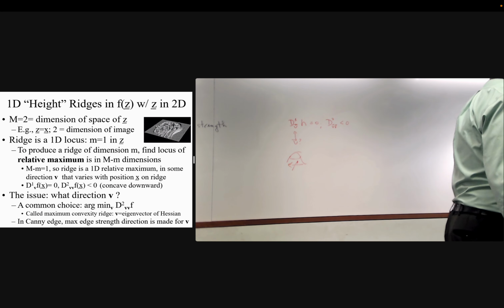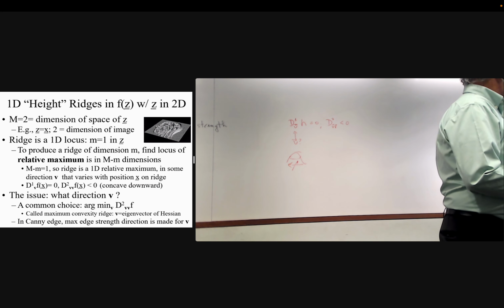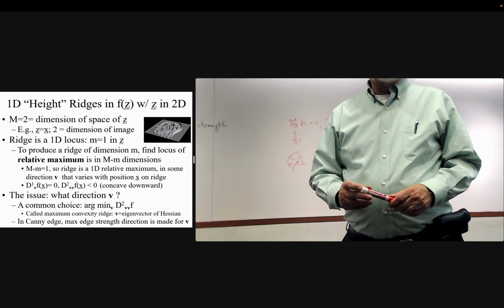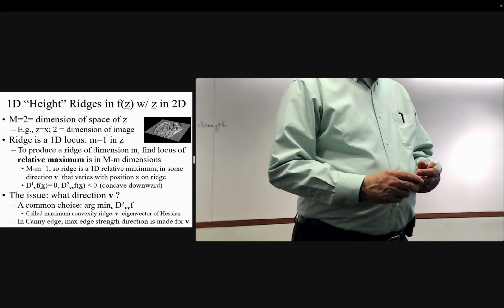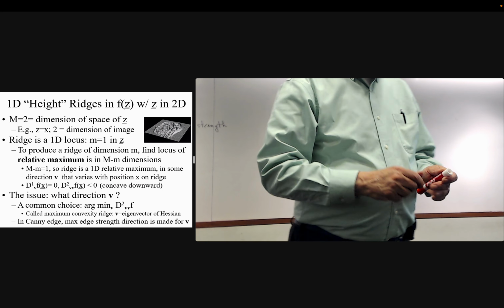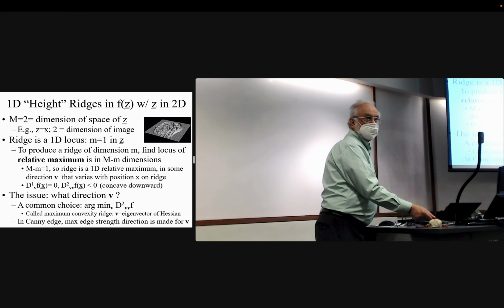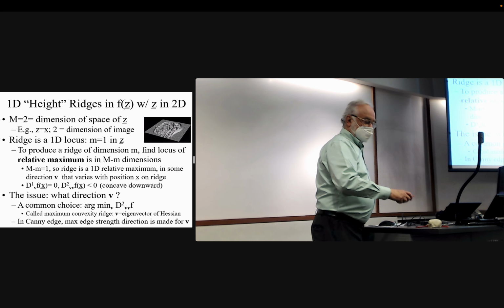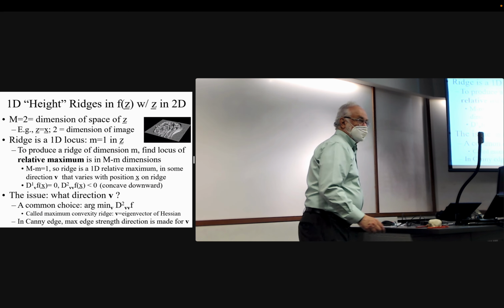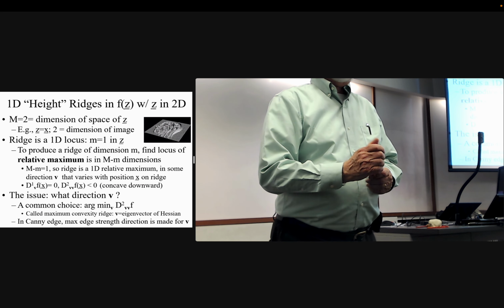Okay, so a particularly common choice for V is the direction where the curvature is sharpest. So if I cross the ridge this way, it won't be as sharp as if I cross the ridge that way, across the ridge. That's to say that the second derivative, which is negative, is as negative as it possibly can be over all V's.